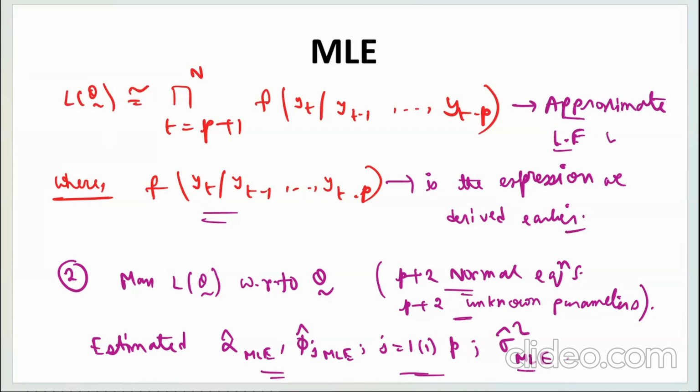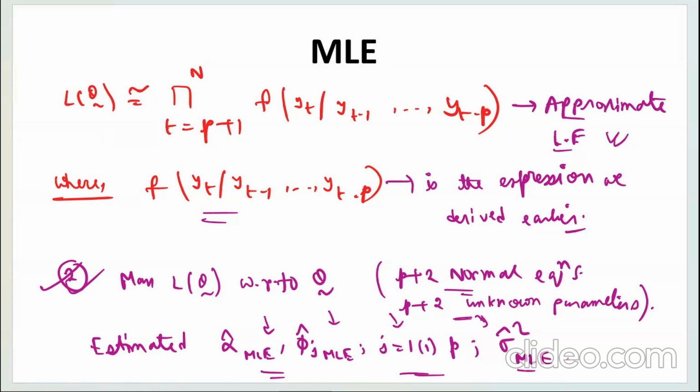And simply in step 2, you have to maximize. Maximizing involves the same thing: take the partial derivatives with respect to the parameters and set them equal to 0. That will give you your normal equations. And once you solve those equations, you will have the estimated values. This is actually a very messy process, so I am not doing this explicitly, but I have given you the approach, the process.